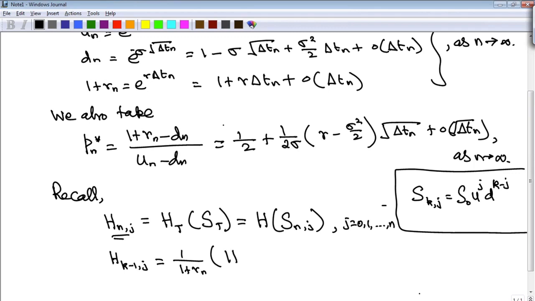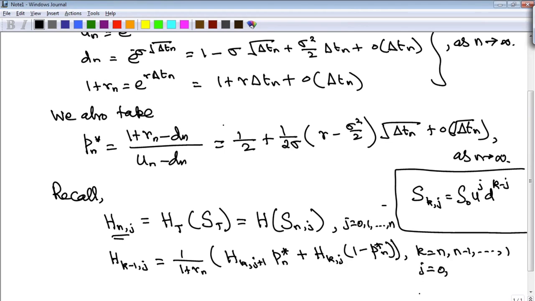I'm just writing the expectation expression explicitly. You can compare it with our three step binomial model where we have written these formulas explicitly. K equal to n minus 1, we are going backwards, and j will go from 0, 1 to k minus 1.